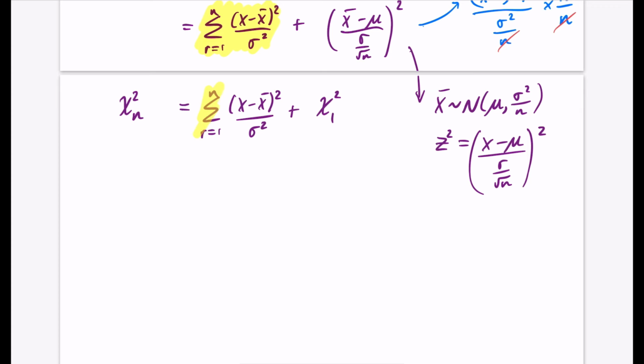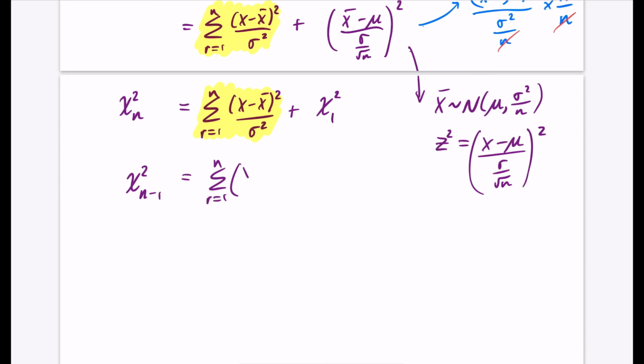And I want to figure out what this thing right here is. Well, if this is a chi-squared distribution of order n, it is n lots of normal distributions being squared and added, and I've got one lot of a normal distribution being squared. So it makes sense that if I have this one take away this one, I've only got n minus 1 of them. So I can see here that this should be this thing that we wanted in yellow.